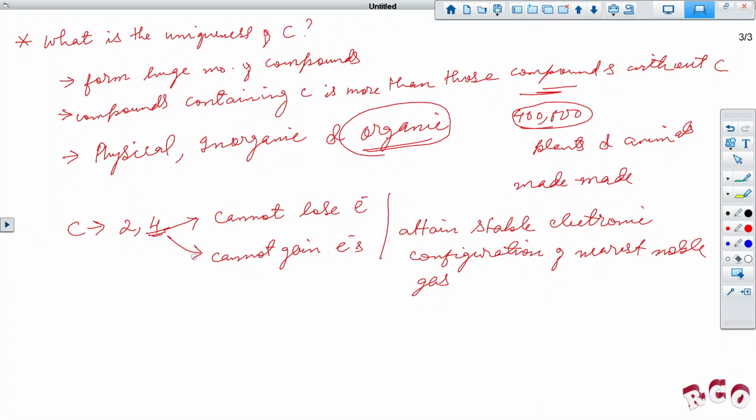We will be discussing the nearest noble gas configuration stability. You have studied the octet rule. What is the octet rule?